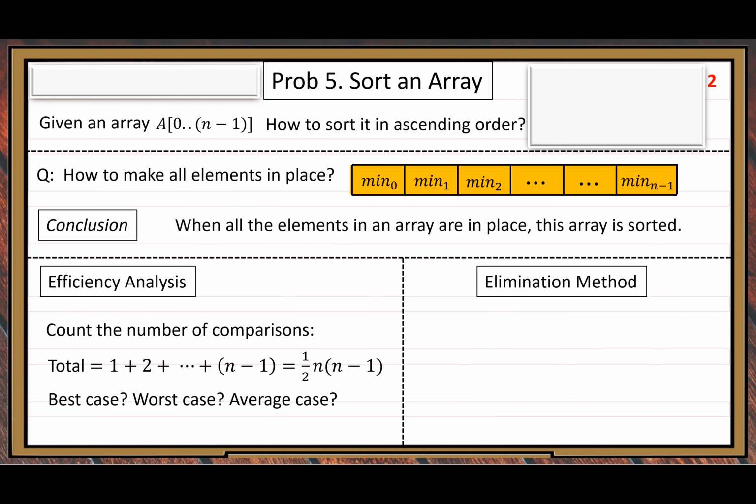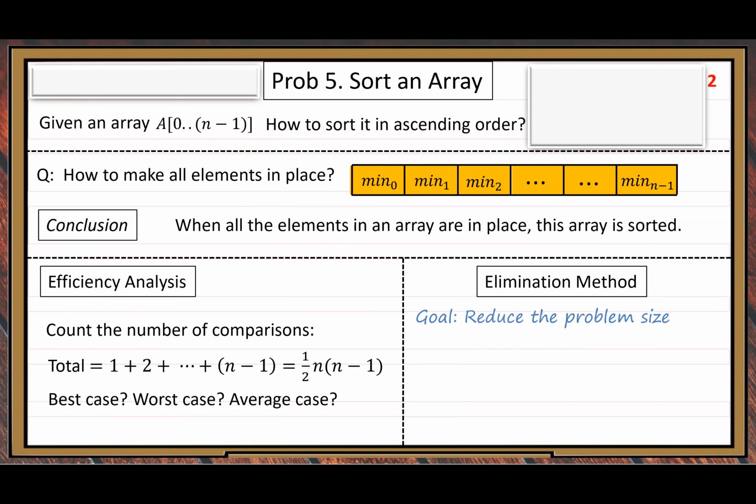In the third week, after next week, you will have your first homework assignment, and you will have a few challenging questions. Some of them need the elimination method.